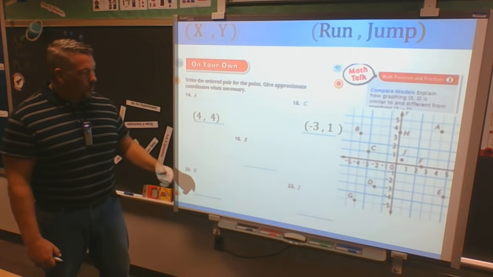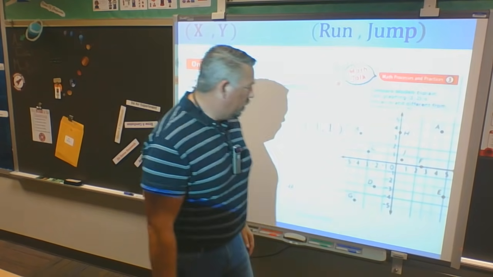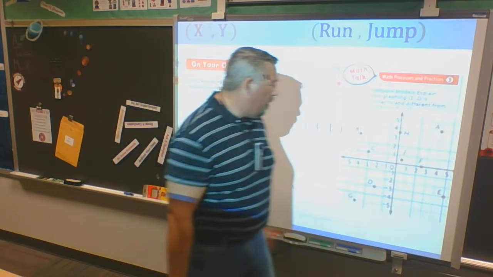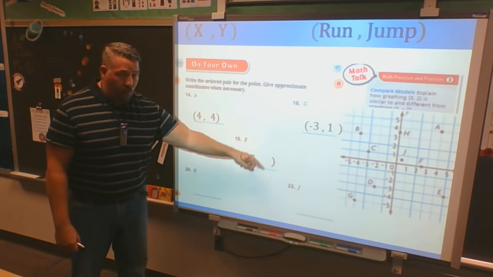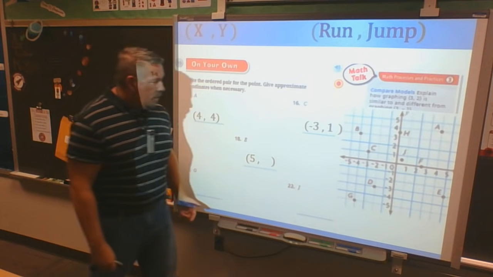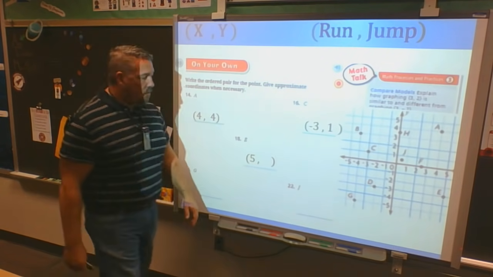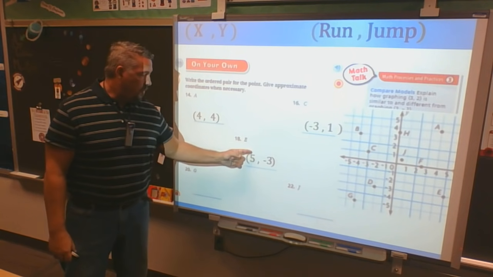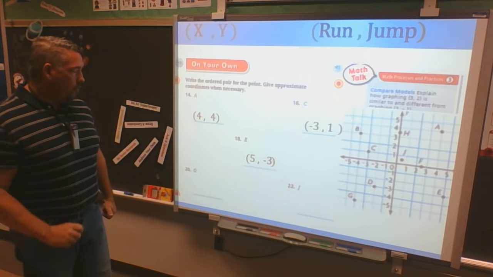On 18, for E then, E is in my 4th quadrant. So I'm going +5. I'm going to run forward to a 5. That's going to be my X. Make sure my parentheses and my comma are there. And then I'm going to jump down for my y. I jump down to a -3. So my ordered pair is +5, -3, in parentheses, separated by a comma.